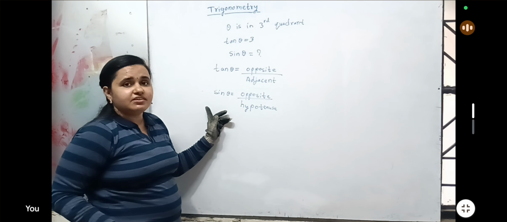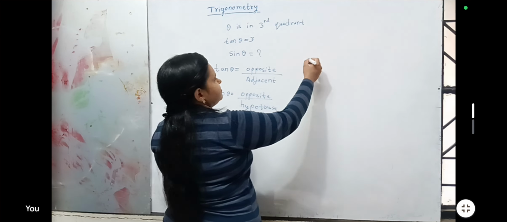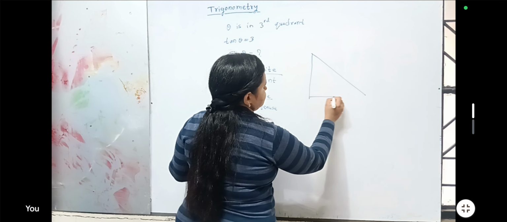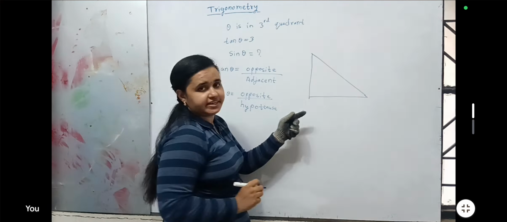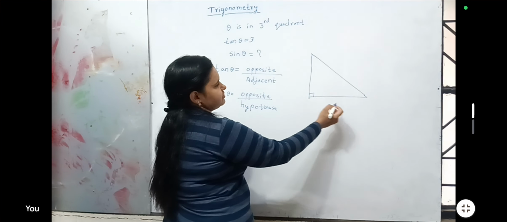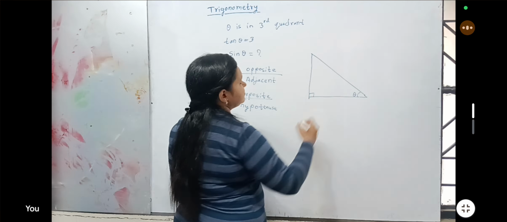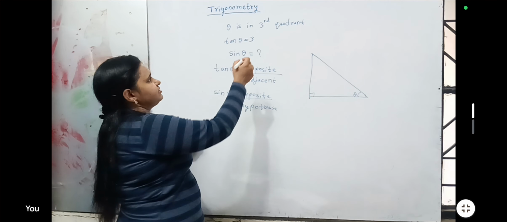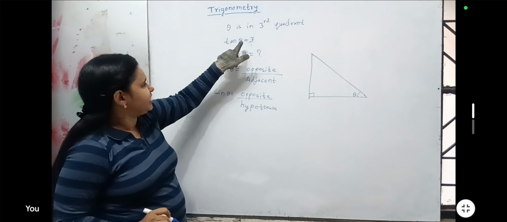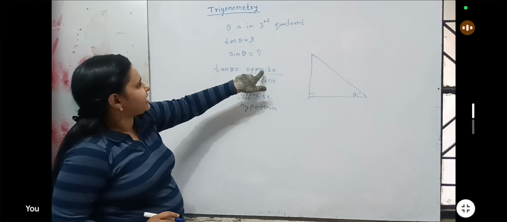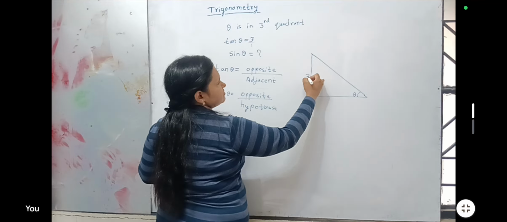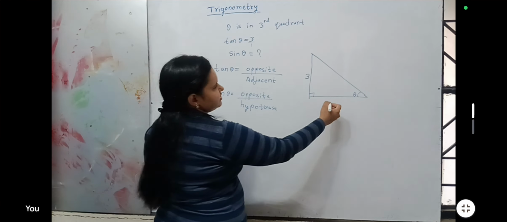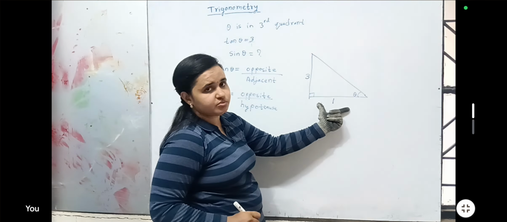We can again draw a right angle triangle. It is 90 degrees. Here it is theta and tan theta is given as 3. 3 means 3 upon 1. That means its opposite side is 3 and its adjacent side is 1.